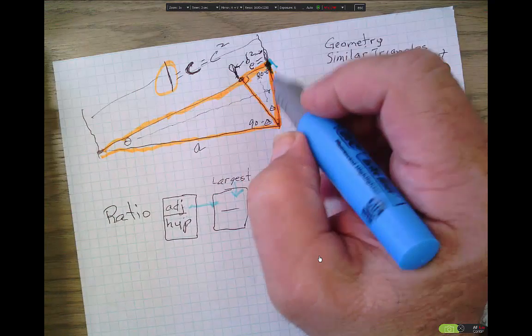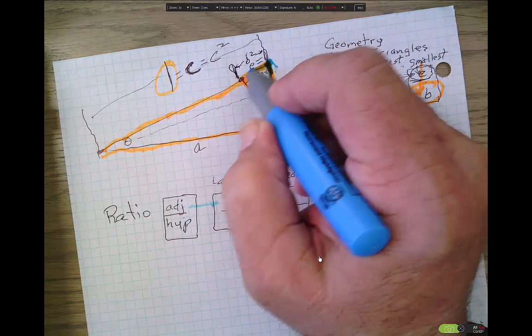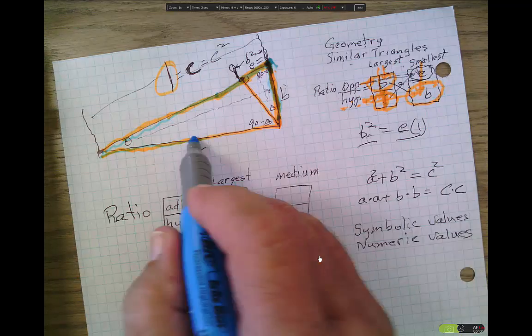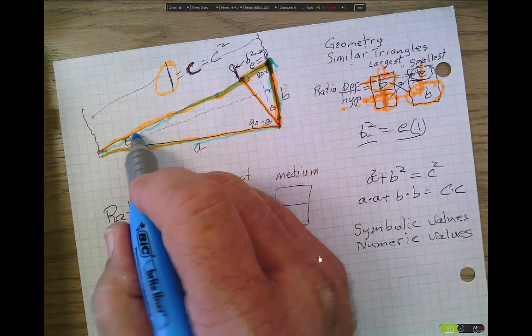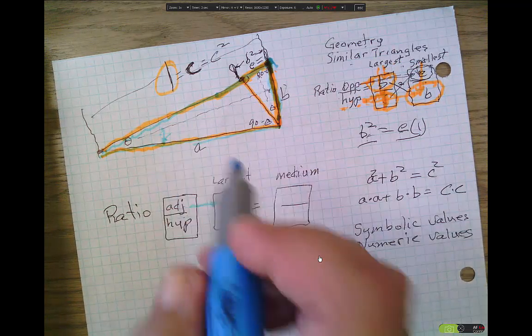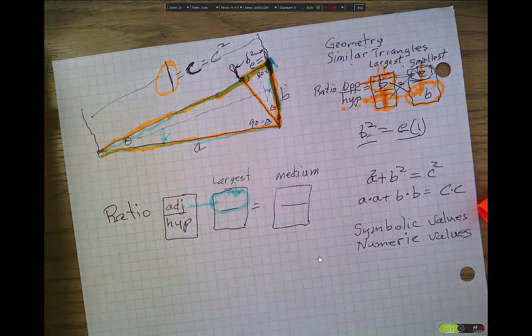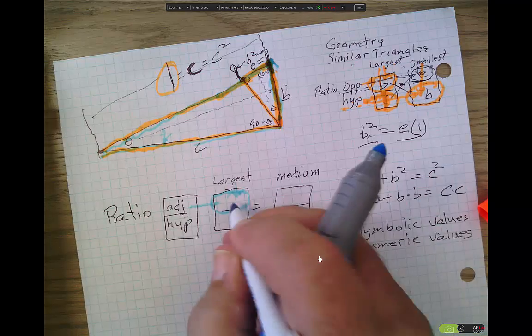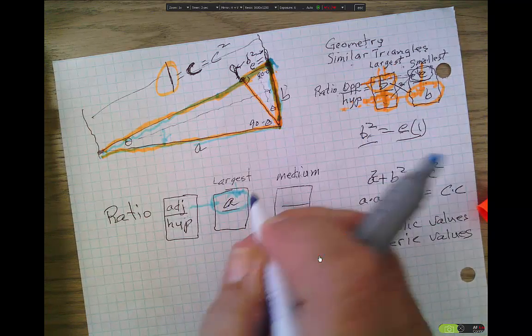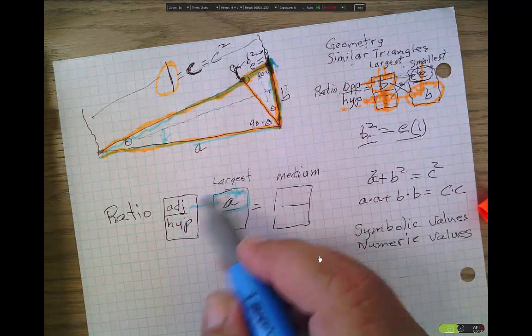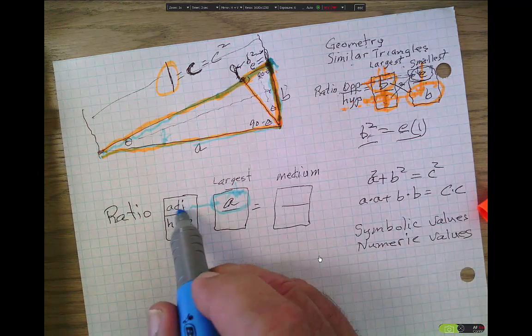Here's the largest triangle, and the adjacent side of our angle for the largest triangle is right here, and that's A, and that goes right here. So that's A. It's the adjacent side of the largest triangle.